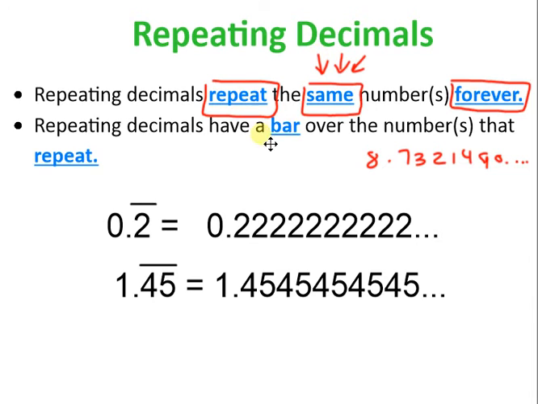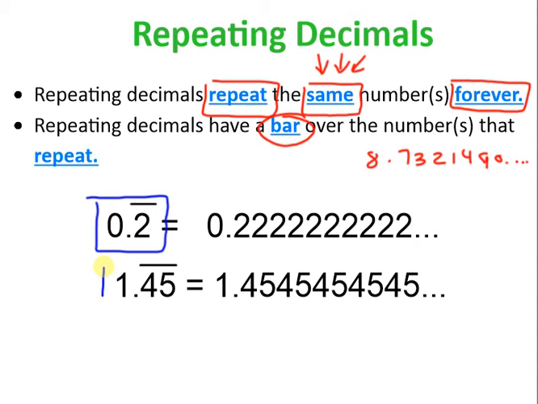Repeating decimals have a bar over the numbers that repeat. So when you see something like this, 0.2 with a bar over the 2, that decimal really is 0.222222, and that 2 goes on forever. It infinitely continues.